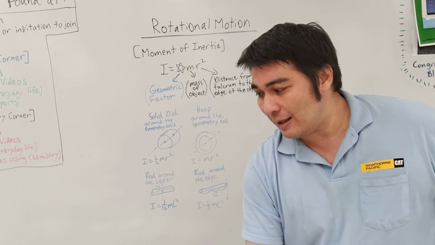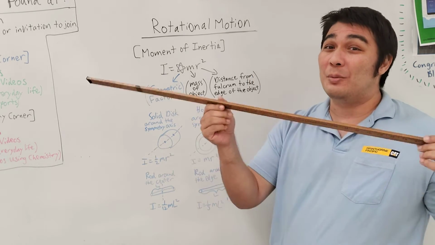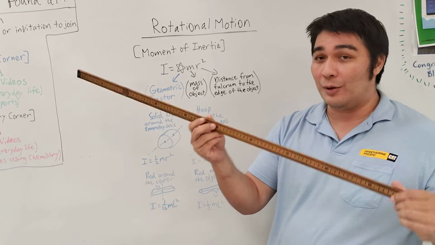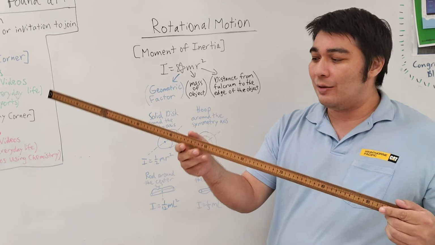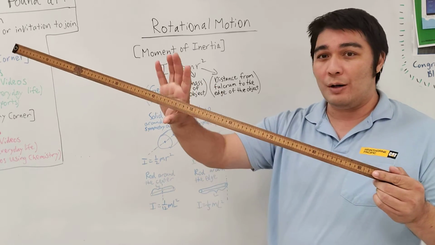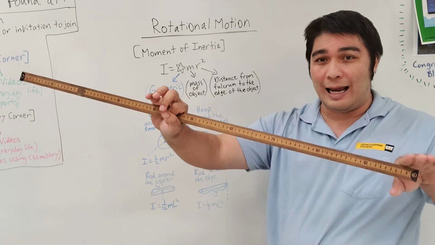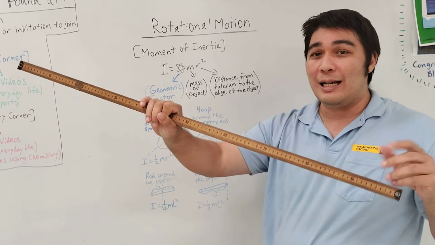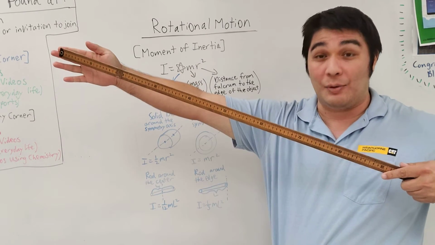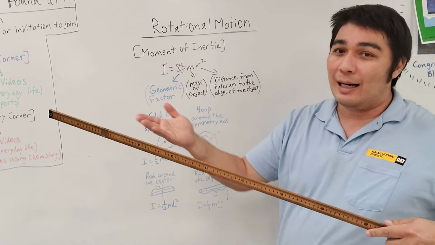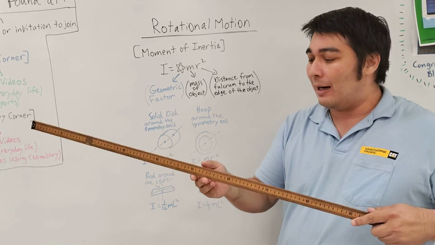Now, you'll notice that there is a difference when it comes to the rod, okay? Because for the rod like this, you can't measure from where you grab it to the end. It's just the entire length of the rod itself. So that is something you do need to consider.